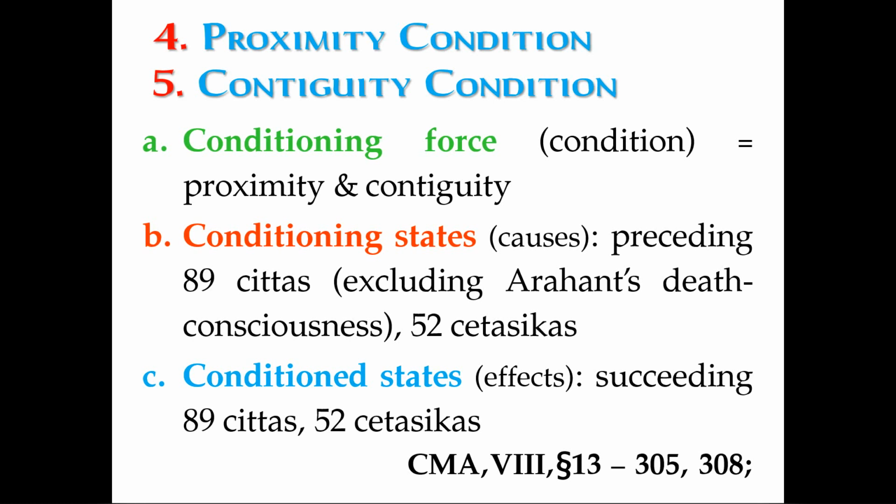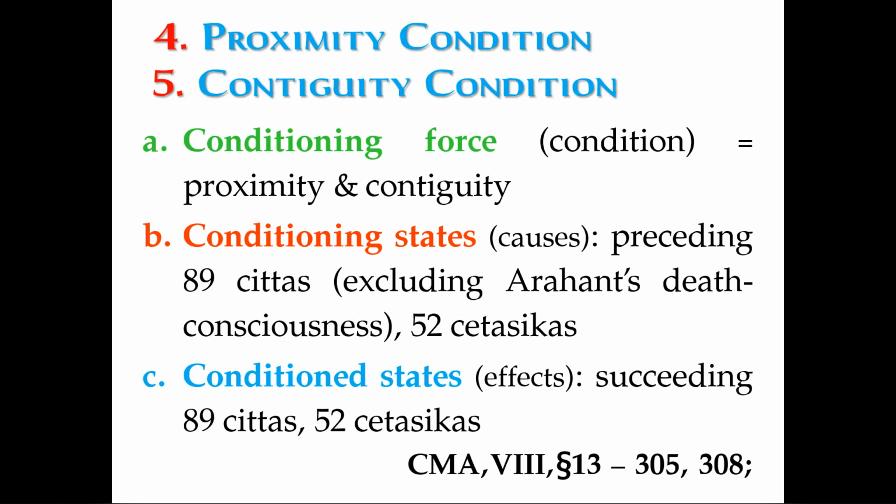Under the causes, we have to exclude the arahant's death consciousness. The reason is, if an arahant or the Buddha dies, after the death consciousness there's no mind and matter. For that reason, we have to exclude the arahant's death consciousness. Other than that, all the preceding 89 cittas and 52 cetasikas are the causes for the arising of the following 89 and 52 cetasikas.